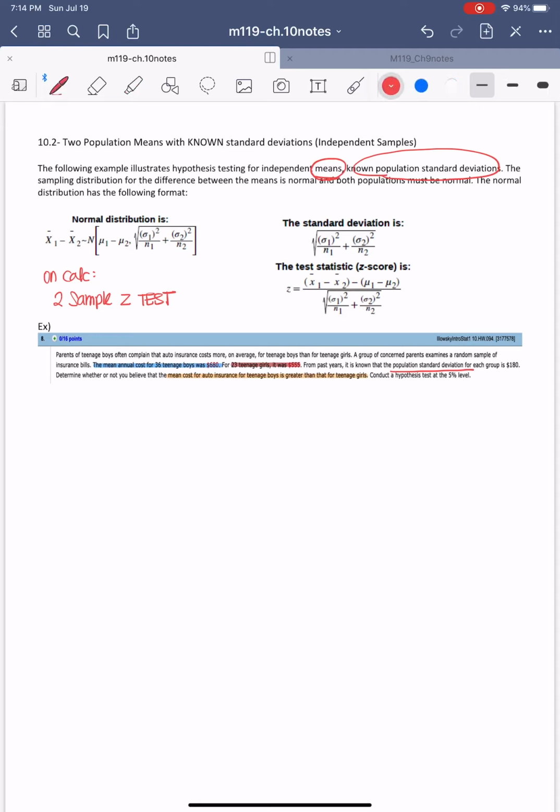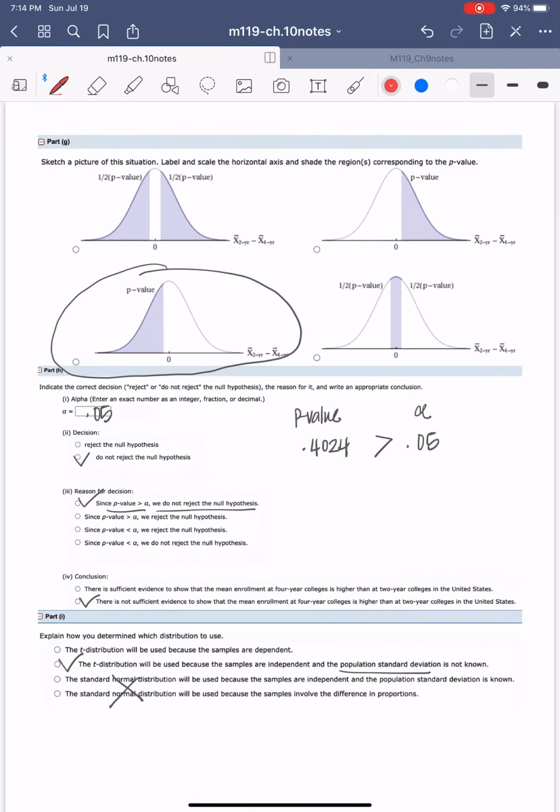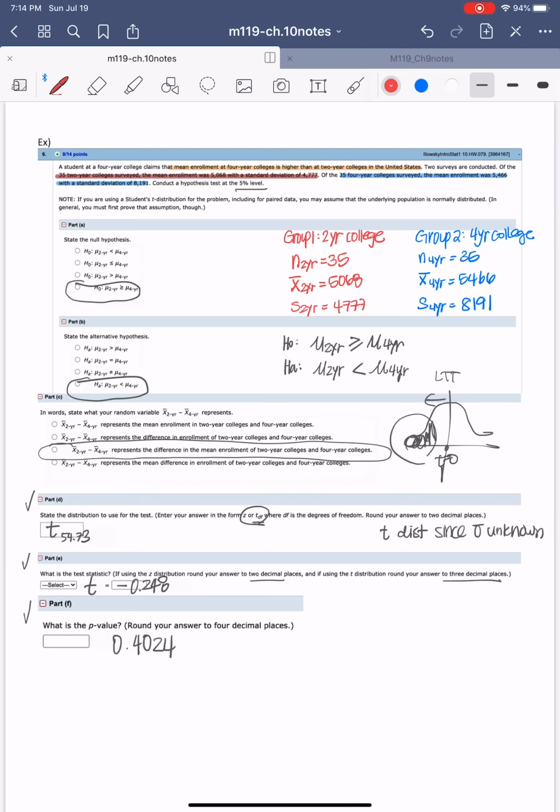And you see that here, they use the words population standard deviation. So this is a sigma value. For groups 1 and 2, they're both the same: 180 for boys and 180 for girls. So you see the word population. In the earlier example, you didn't see population. You just saw the standard deviation, so that was for the sample.